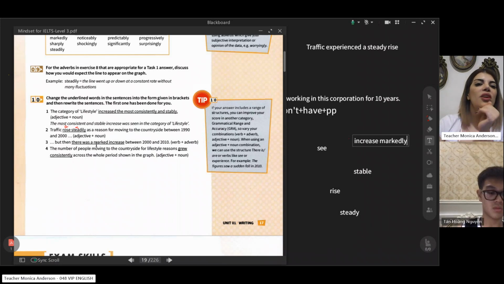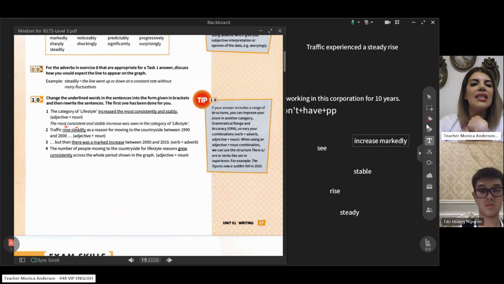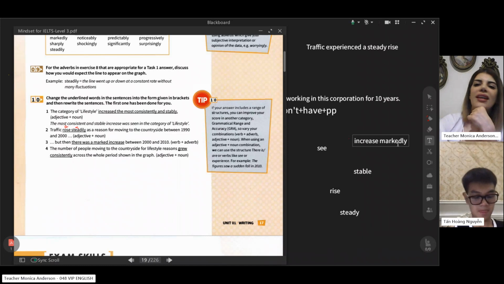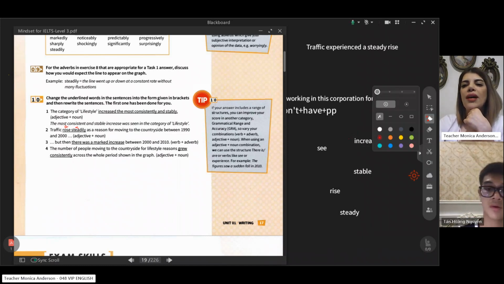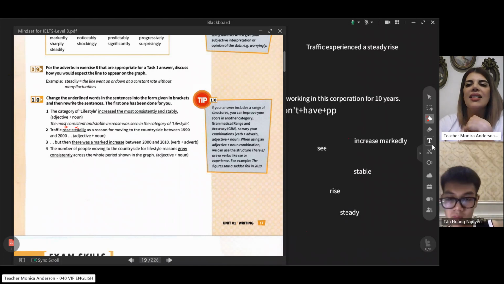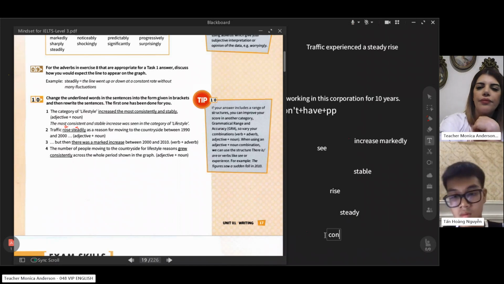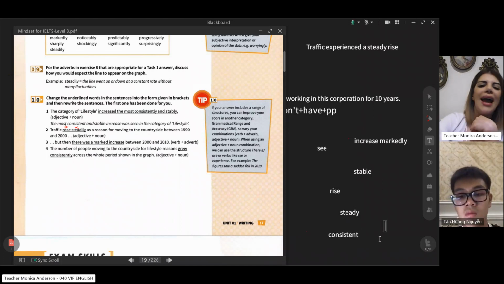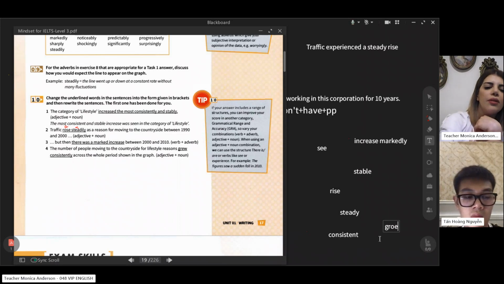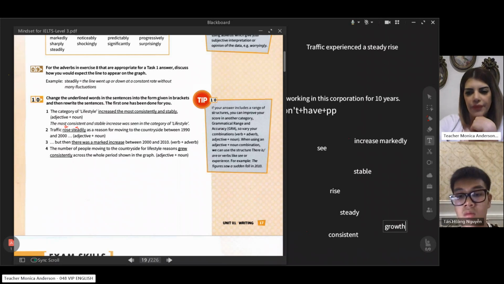The last one: the number of people moving to the countryside for lifestyle reasons grew consistently. Adjective and noun. Grow, adjective and noun. Consistently becomes consistent, and grow becomes the noun growth.